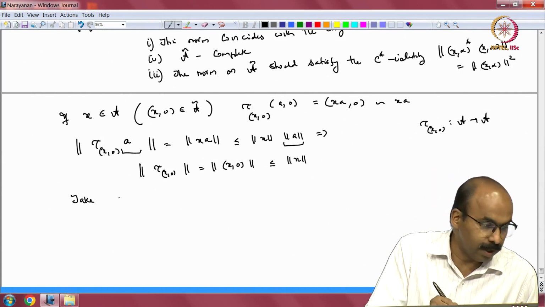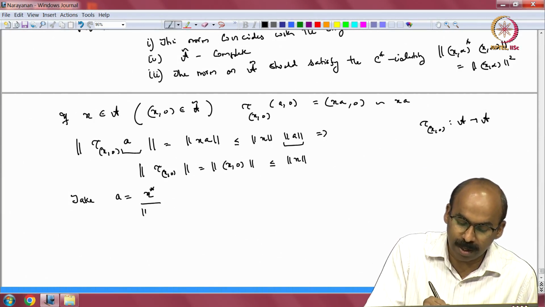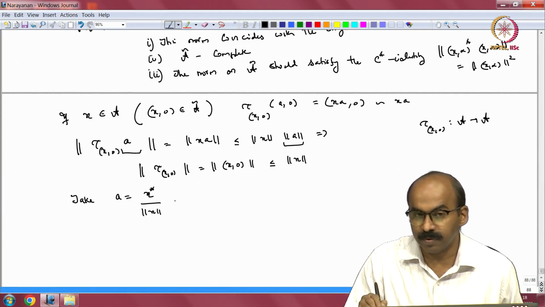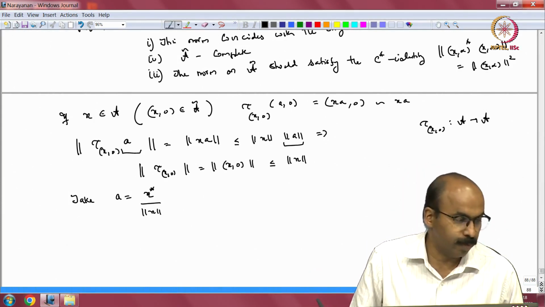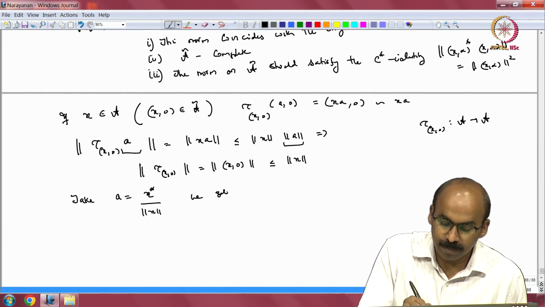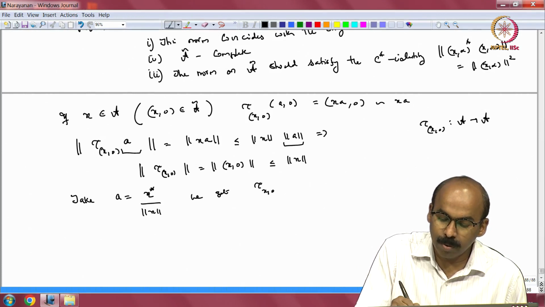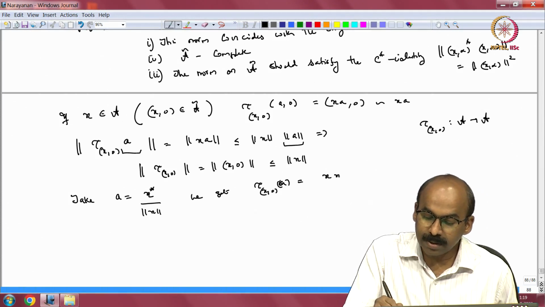So take a equal to x star by norm x. I can assume x is non-zero, because if x is 0, then you get the 0 operator, the norm is 0, and there is nothing to prove. So take a to be x star over norm x, and we get tau of (x, 0) acting on a equal to x star x divided by norm x.